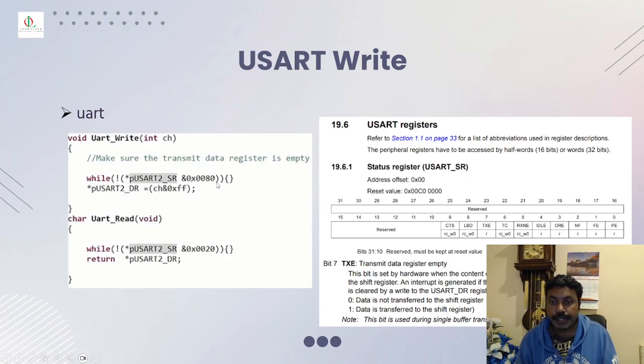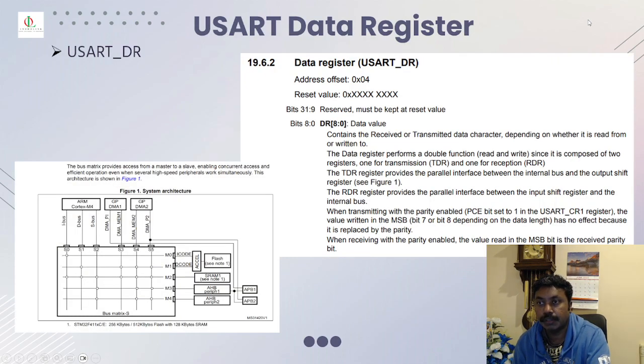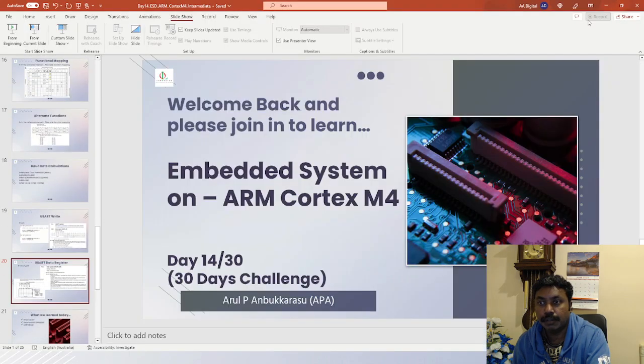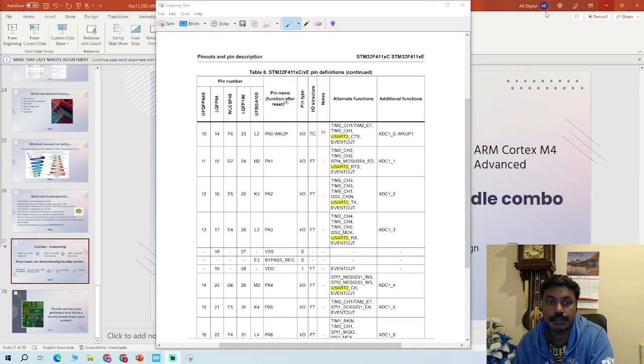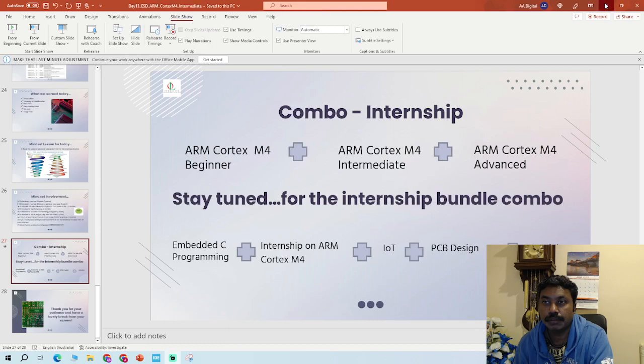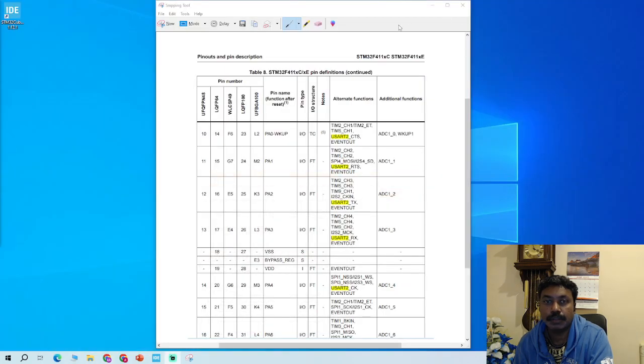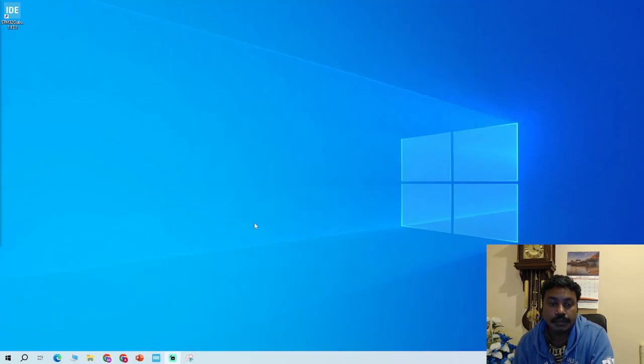Okay, let's go into the IDE, and I'll show you how to write a program from scratch. So let me minimize this. I already opened the IDE, as you can see.